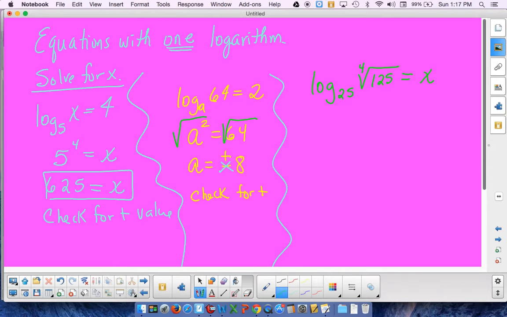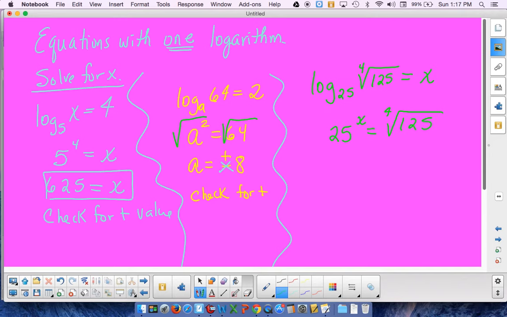Whoa, that's kind of intimidating. Okay, notice this time x is on the other side. It's not part of the logarithm, so it doesn't have to be positive. But we still need to go to exponential form. If I go to exponential form, I can go 25 as base. What's my exponent? X equals the fourth root of 125.